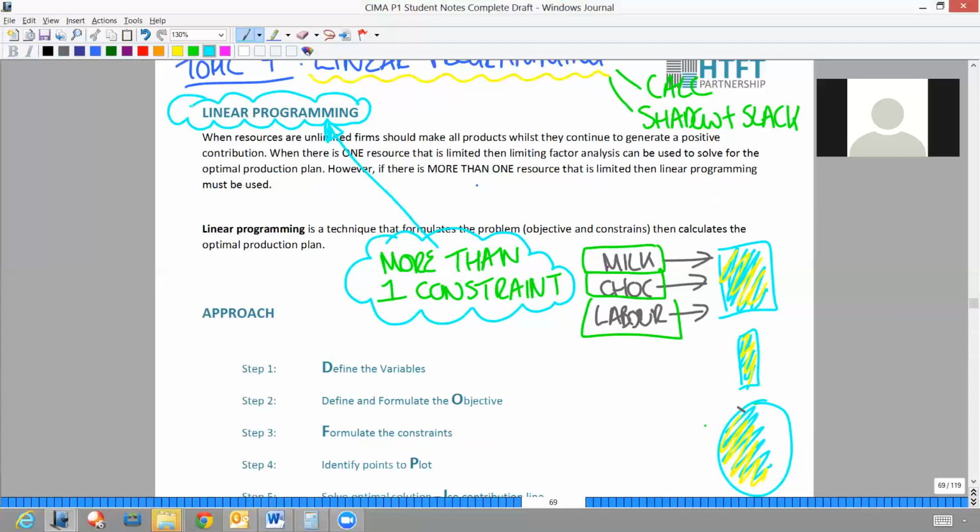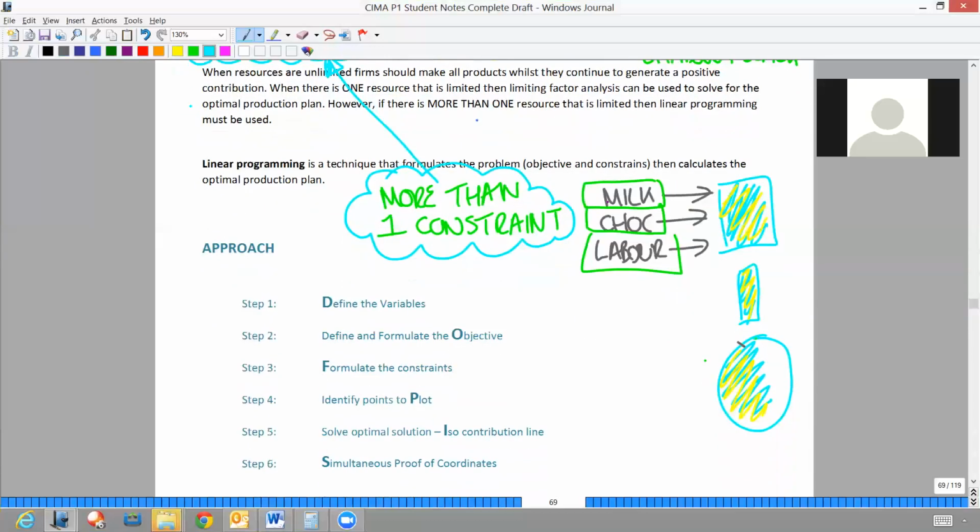Okay? Before we get into just having a look at the approach for linear programming, you will see the questions that we do in these tutorials, they are quite long. We're going to have a 6-step approach, effectively, that we use, which is fantastic. But there's a little bit more work to these 6 steps than there was in your limiting factor 5 steps.